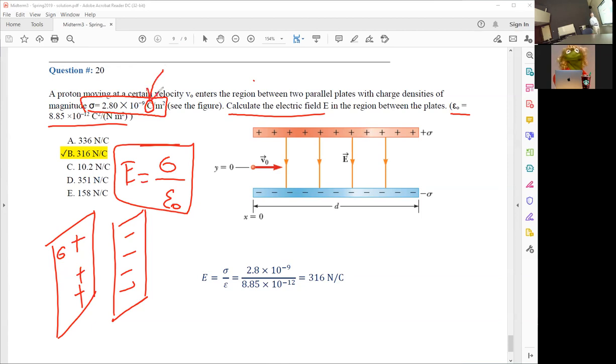We had a question like this in the lecture where it was in microcoulomb, so we had to convert to coulomb. Here, no need to convert. So all we need is to plug the numbers in: the charge density divided by epsilon naught gives you this value of electric field. That's all for this midterm 2019.